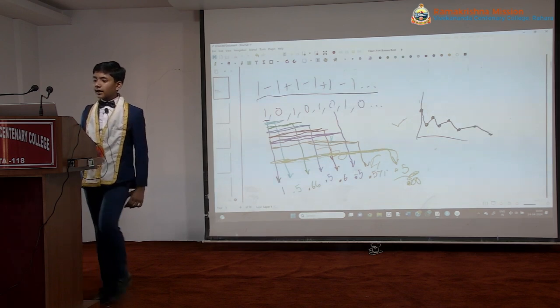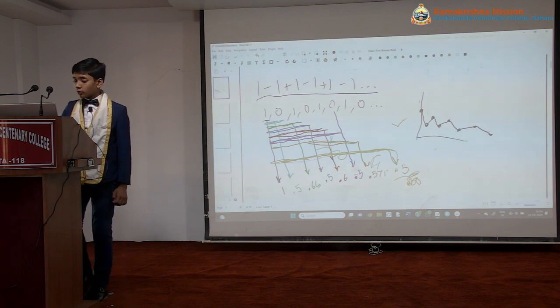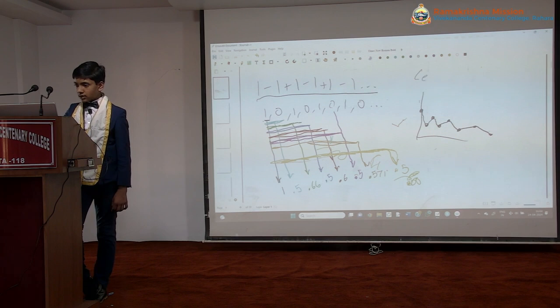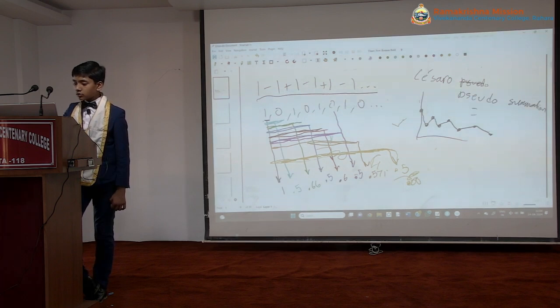So it's slowly getting closer and closer to 0.5, or 1/2. So we can say that the Cesaro pseudo summation is equal to 1/2.